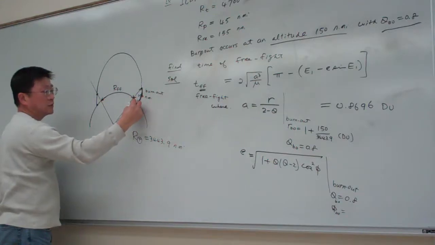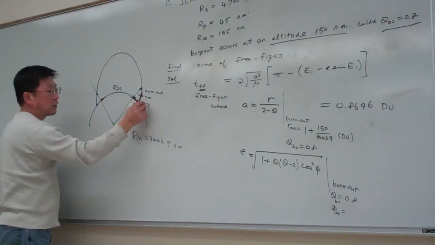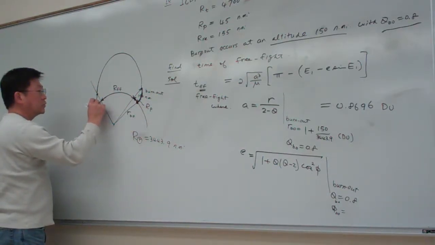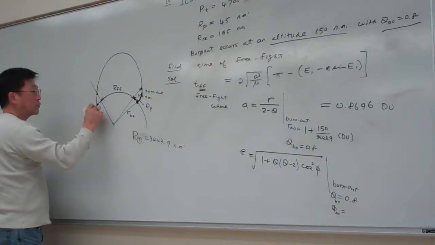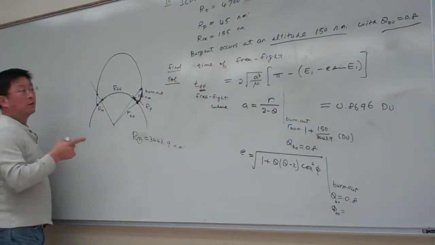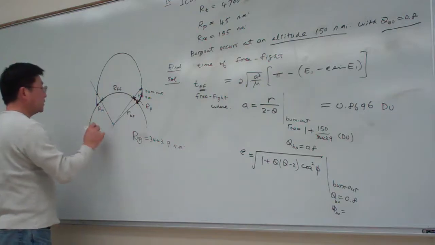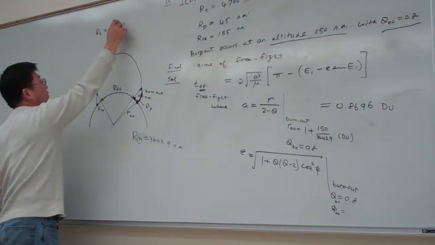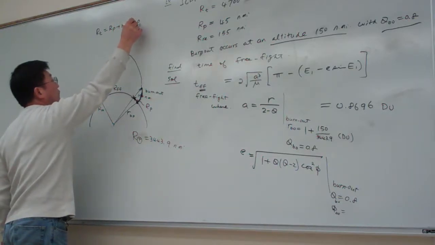The first stage is the power flight. So this smaller range is called R P, the power flight range. And this range is the re-entry. So from here you can see RT equals RP plus RFF plus R re-entry.